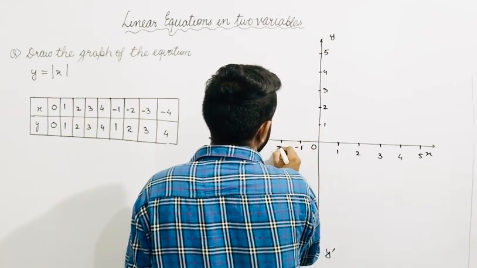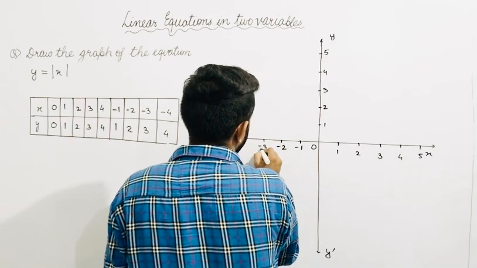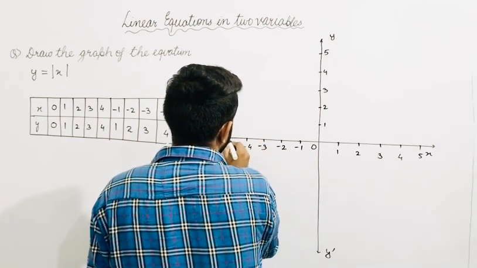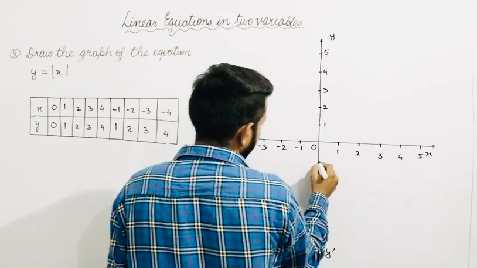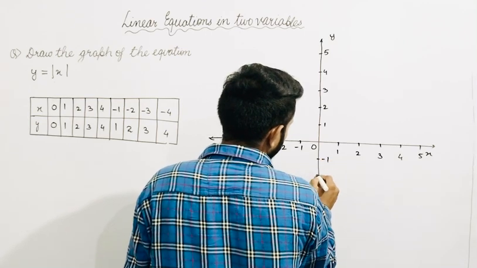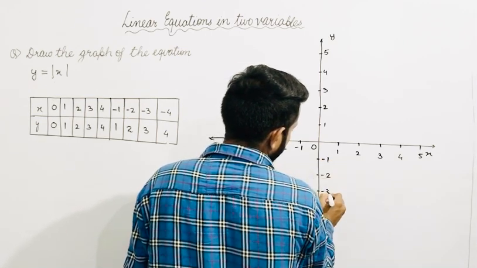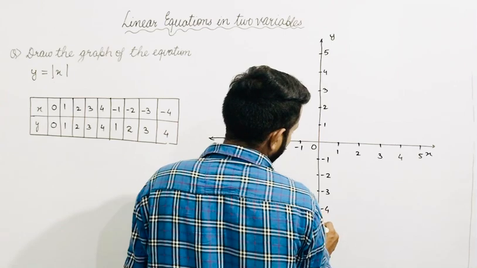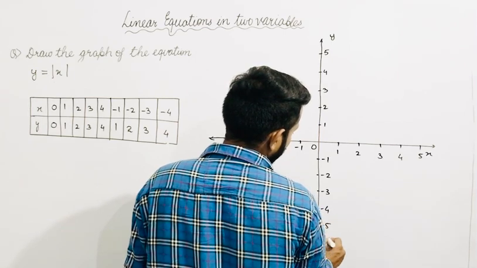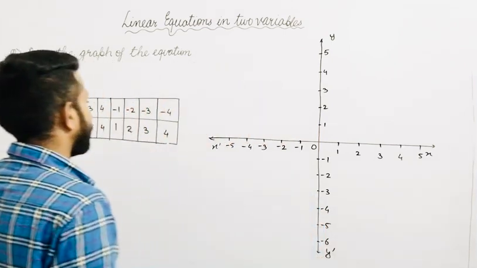Minus 1, minus 2, minus 3, minus 4, minus 5, minus 1, minus 2, minus 3, minus 4, minus 5, minus 6. Now let us take the first point.